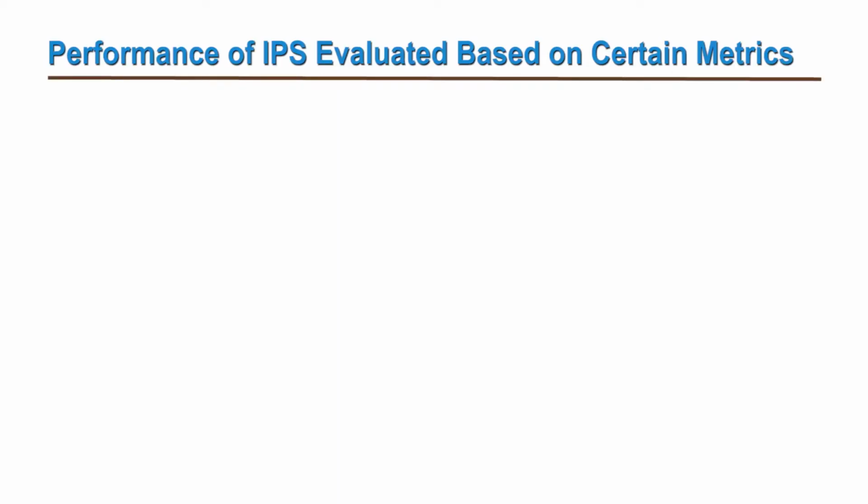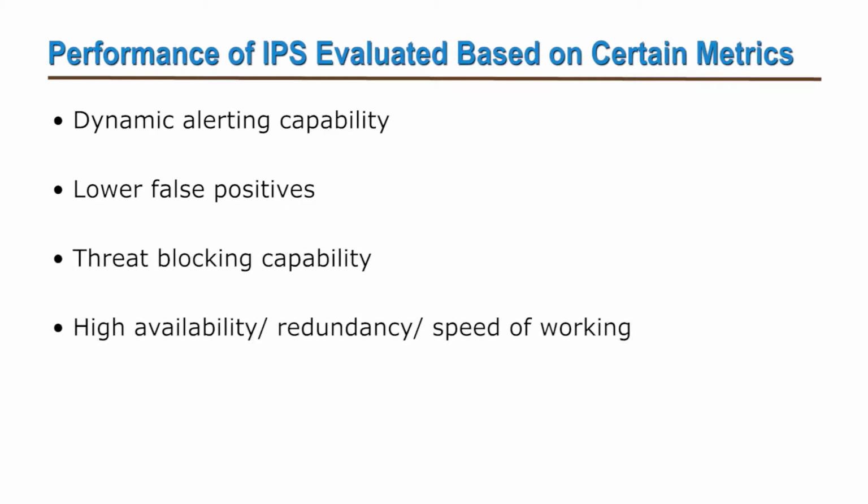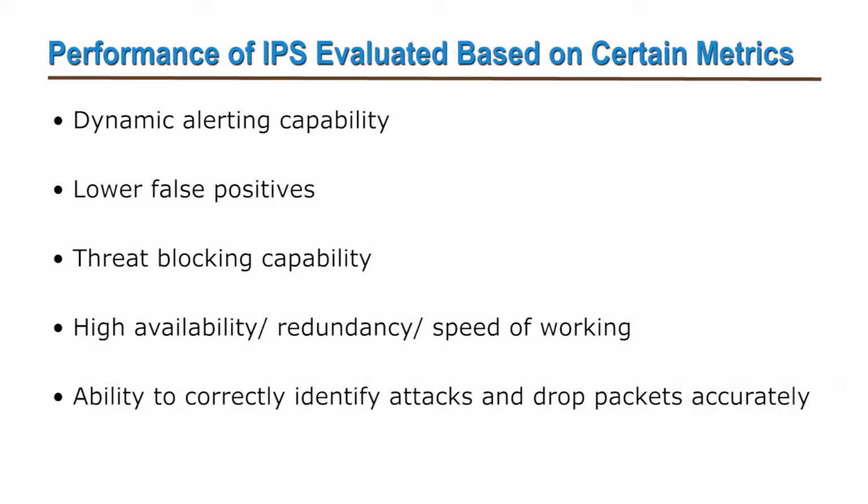How to evaluate the performance of an IPS? It's based on certain metrics. The general measures used for performance evaluation are dynamic alerting capability, lower false positives, threat blocking capability, high availability, redundancy or speed of working, and ability to correctly identify attacks and drop packets accurately.